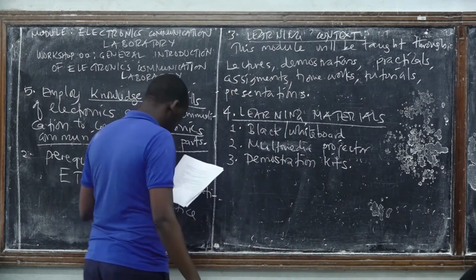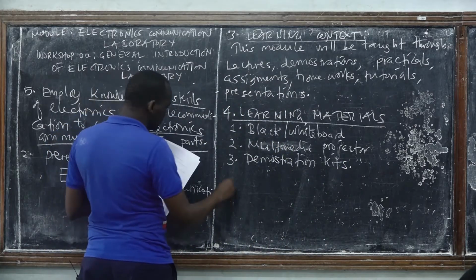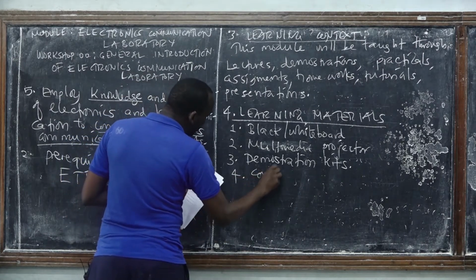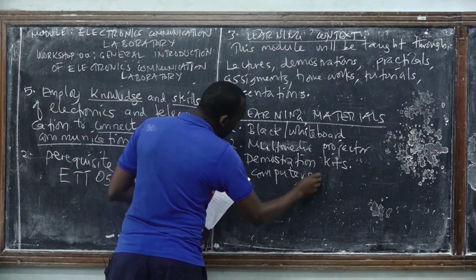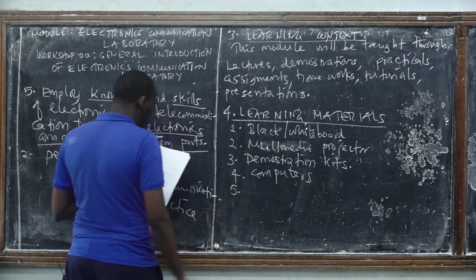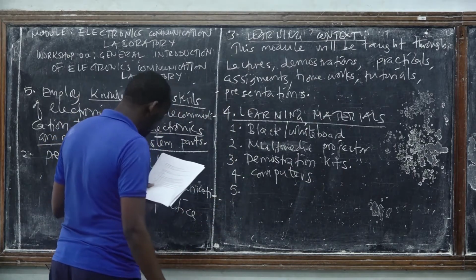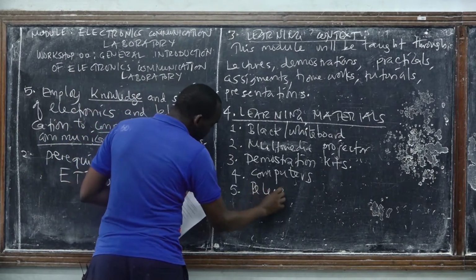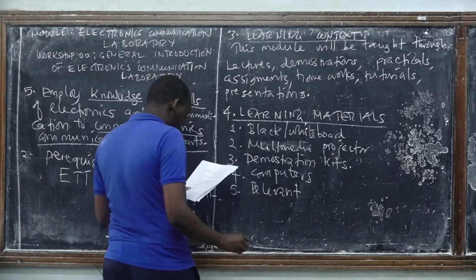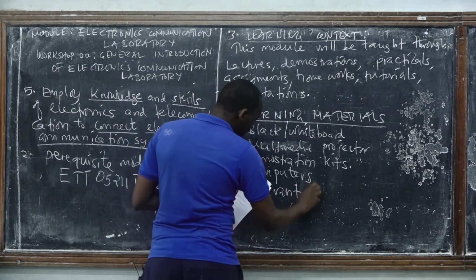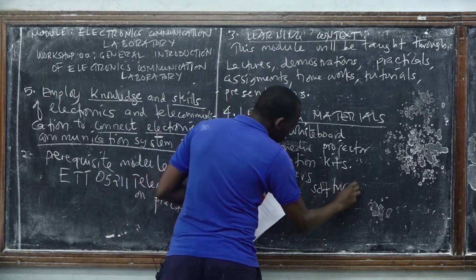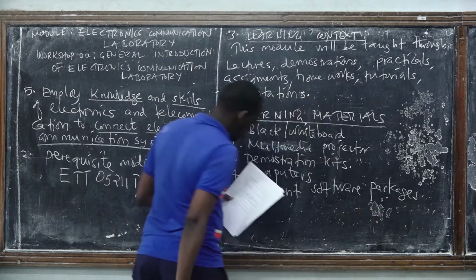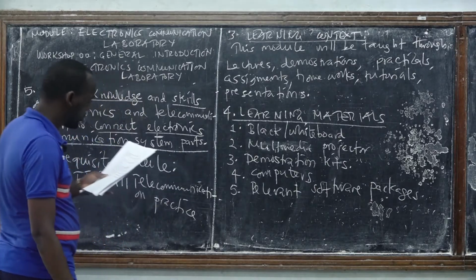The fourth learning material that we need for this module is computers, to design those electronic communication systems. Also, we need relevant software packages.